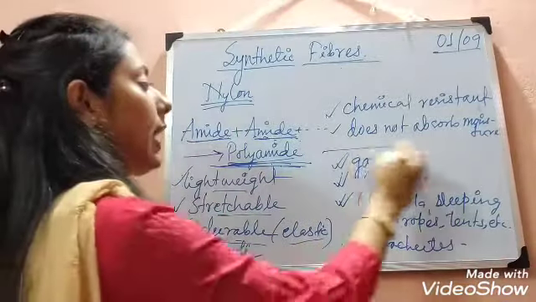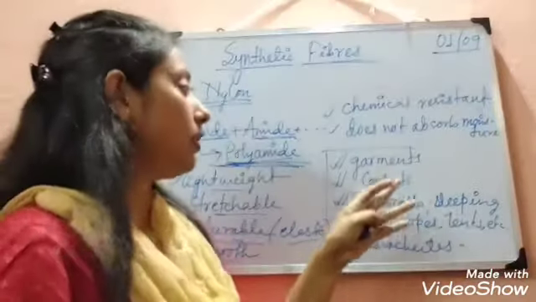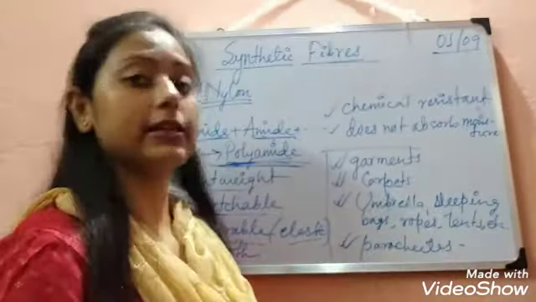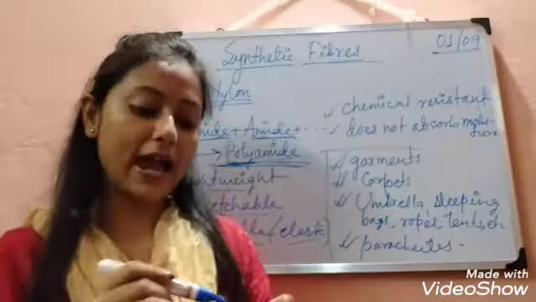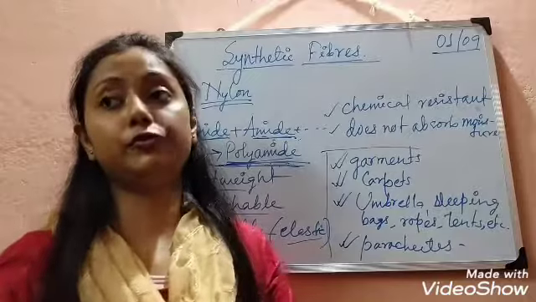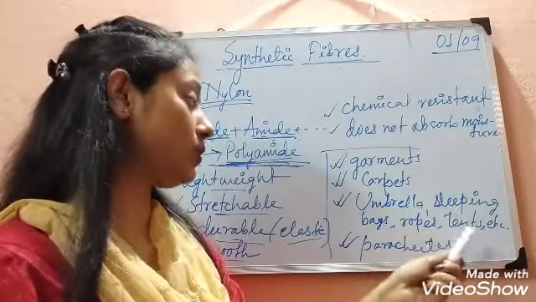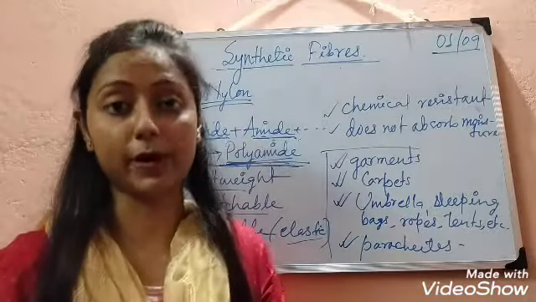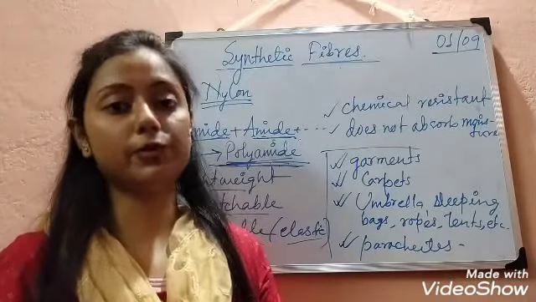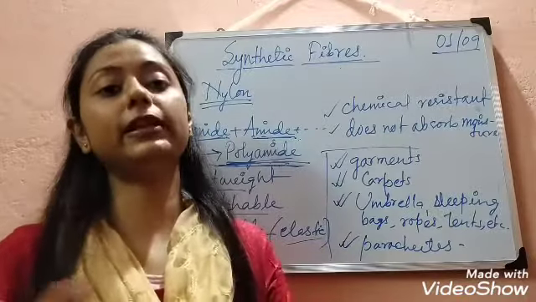And these are the uses of nylon. It is used to make garments, carpets, umbrellas, sleeping bags, ropes, tents, parachutes, etc. So nylons are very useful in industries, in households, and in travel, since umbrellas, sleeping bags, ropes and tents are all used for travel purposes. They are also used for industrial and medical purposes.